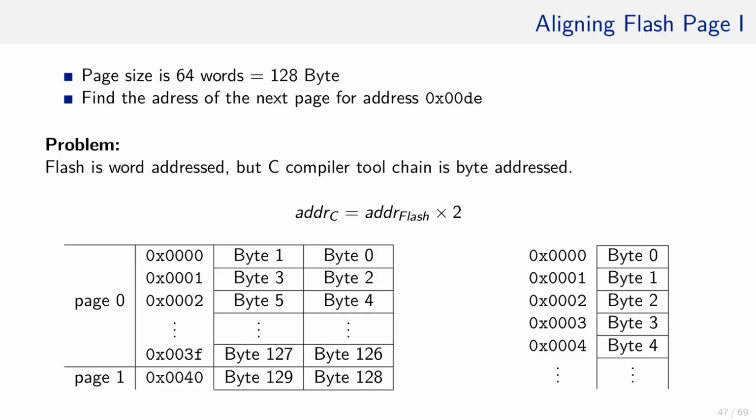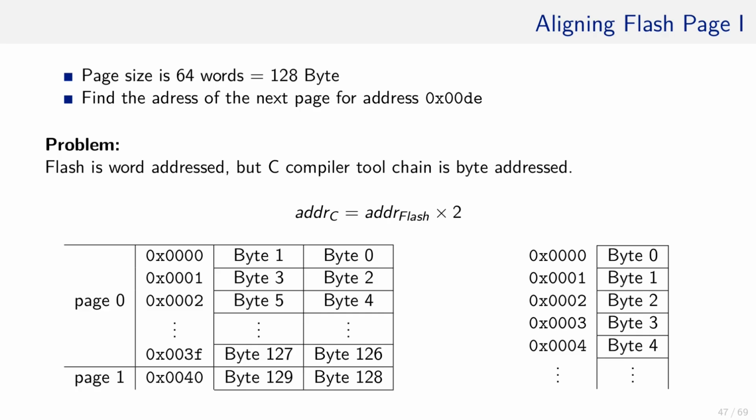As I mentioned earlier, the issue is that the addressing of the flash is word-wise. That means every entry at a specific address is 2 bytes in size. However, C is totally unaware of this fact and it uses byte-wise addressing. That means that the addresses in C are doubled when compared to the flash.